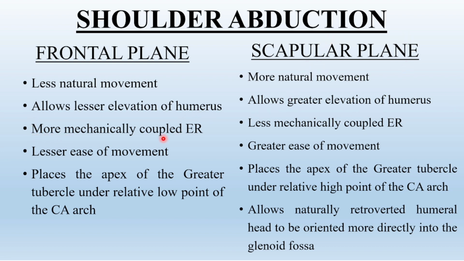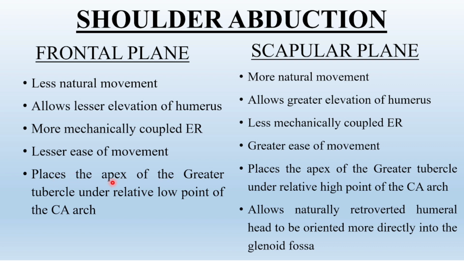More mechanically coupled external rotation occurs in the frontal plane, whereas in the scapular plane there is less mechanically coupled external rotation. The range of external rotation is less in the scapular plane compared with the frontal plane, and there is lesser ease of movement in the frontal plane, whereas in the scapular plane there is greater ease of movement.